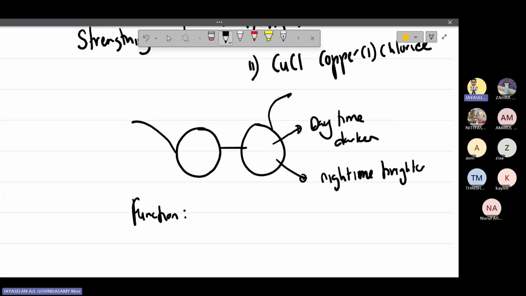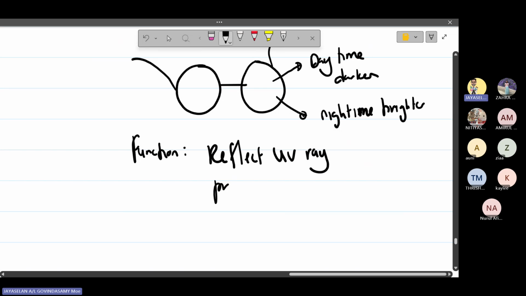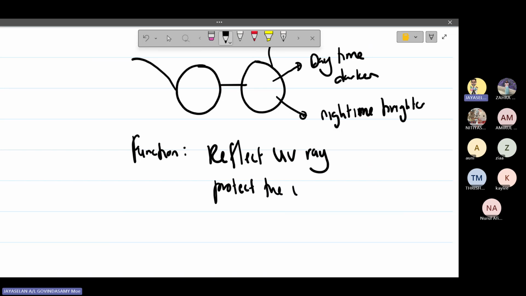Okay, in sunlight there is one thing. Don't put absorb. Even in my book, I wrote it wrong. You must put: it will reflect UV rays. Then you can put: protect the user from UV rays.